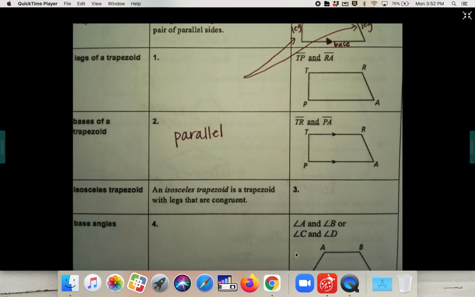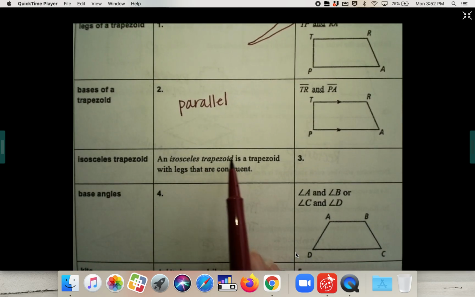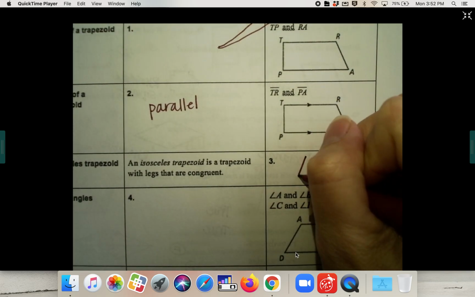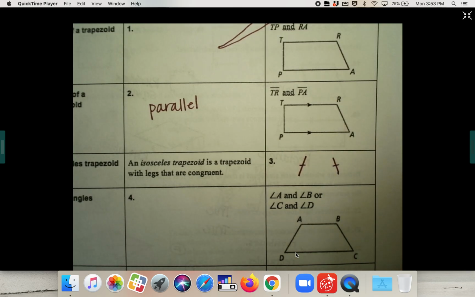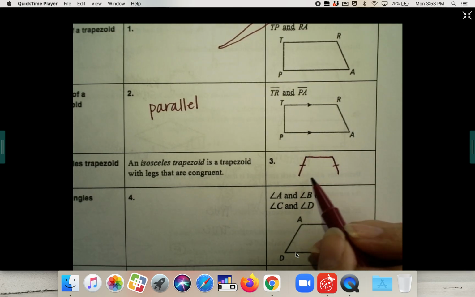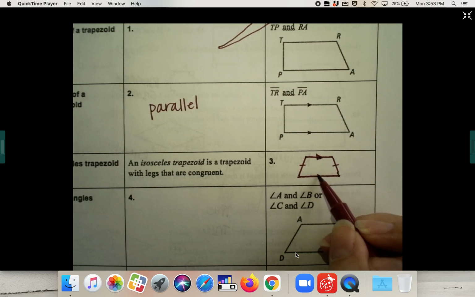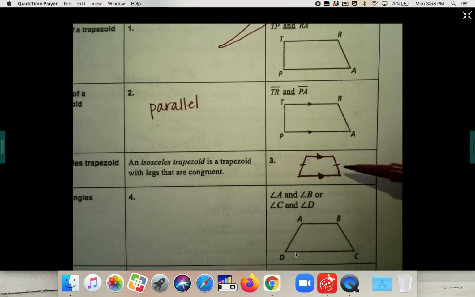Then we drop down here to an isosceles trapezoid, which we've already talked about. It is a trapezoid with legs that are congruent. So here are the bases. Oops, sorry, there's the leg. There's the leg. They're congruent to each other. The bases don't have to be the same length, but do have to be parallel to each other. So the bases are parallel and the legs are the same length.